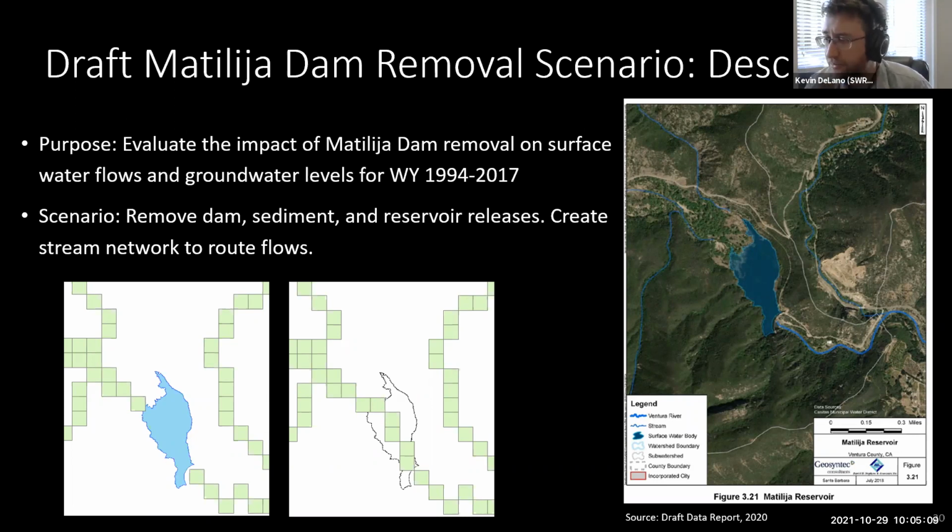Will sediment transport modeling be incorporated to see if changes in stream geometry have any effect on modeling of low flows? No, we're not doing sediment transport modeling. My understanding is there will be some changes in the channel downstream as part of the dam removal process.